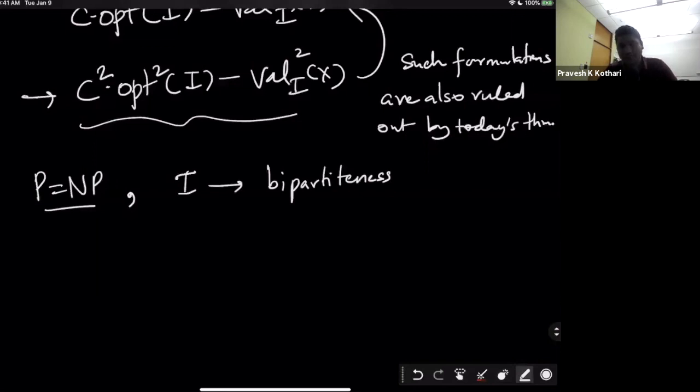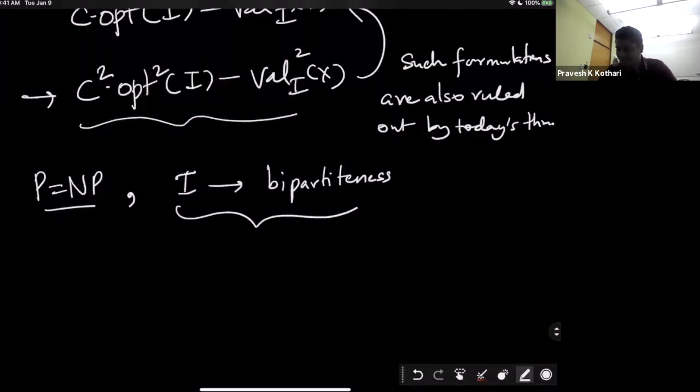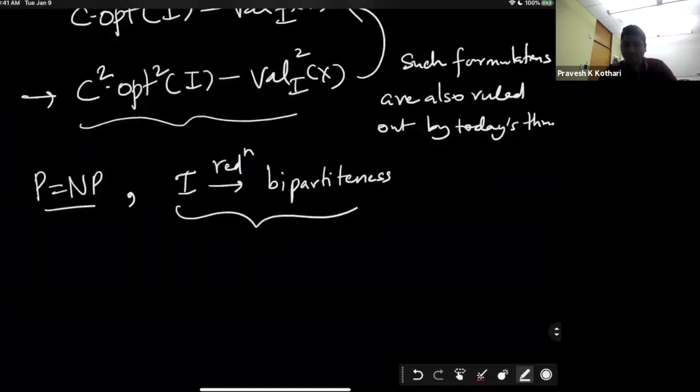You could do this reduction and then write the formulation that literally checks bipartiteness with SOS. That would be a very valid formulation if this reduction exists, but I don't know it exists. And I can't hope to prove a lower bound that allows you to rule out such reductions, because proving P different from NP was not part of our plan today.